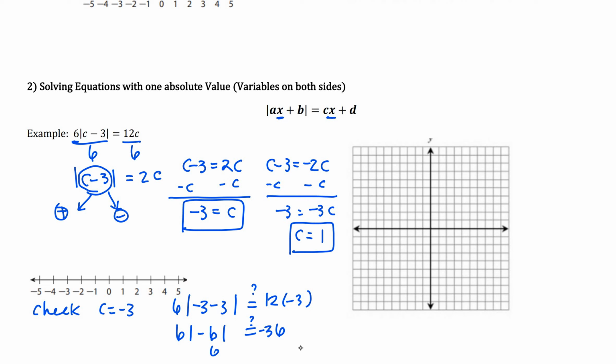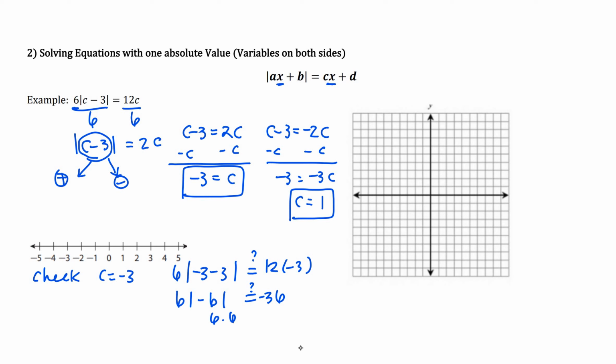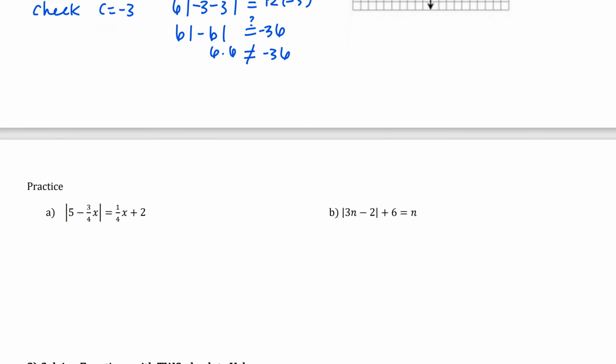But 6 times negative 6 is not the same as negative 36. So this value is an extraneous solution. Even though we found it correctly, this is not the value, because when we plug it back in, it was not a right answer. So I'm not doing a checking for the other, but that should be the right answer. Okay.